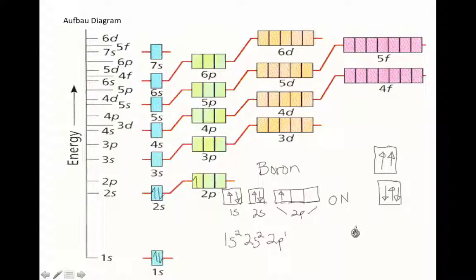Now if we were to take boron and draw an electron configuration the way you learned in the past, you would have our nucleus here. In the first energy level, we would have 2 electrons. In the second energy level, we would have a total of 3 electrons. So 1, 2, 3, 4, 5. So if I asked you how many valence electrons there are, you could look at this very easily and say 3.